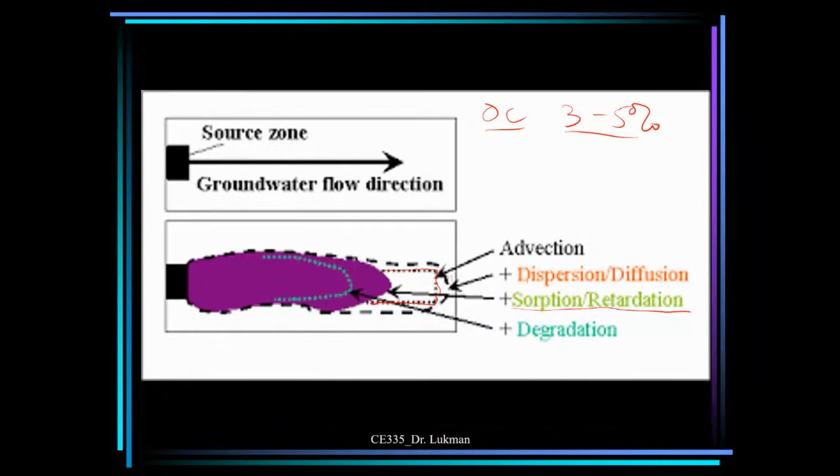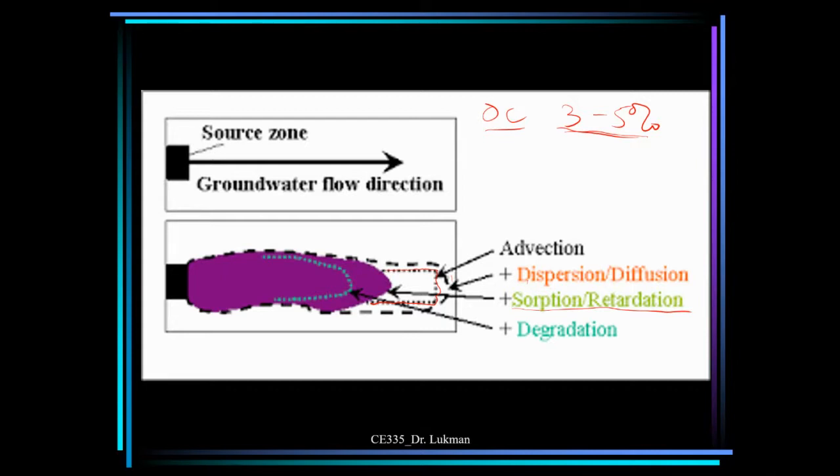So if the source of contamination is, let's say, benzene, it will tend to be attracted to the soil grains, the organic content of the soil, thus retarding or decelerating the average forward velocity of the fluid.